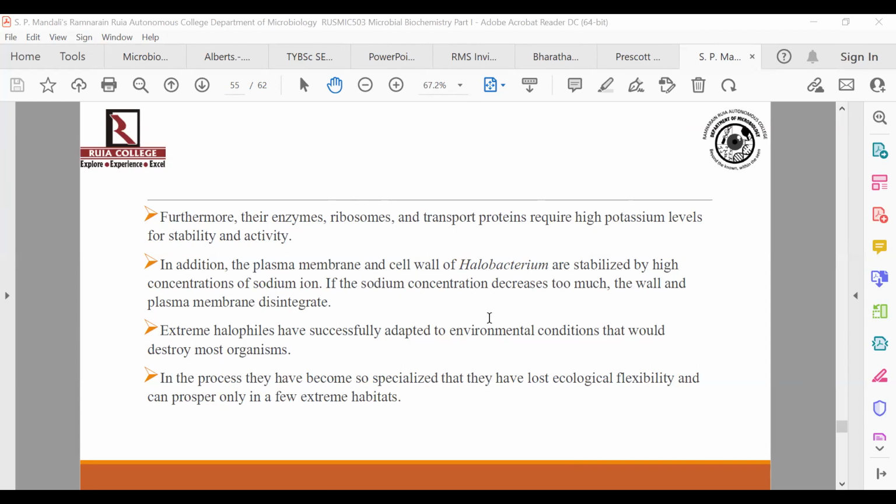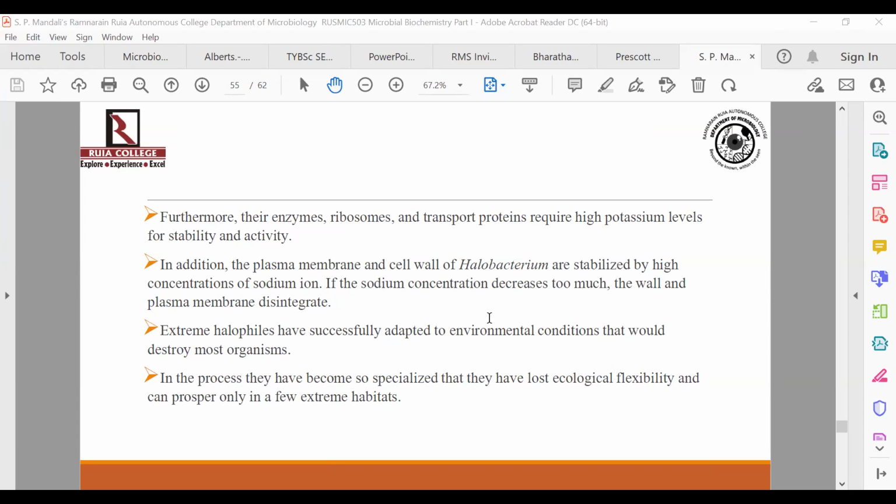Extreme halophiles have successfully adapted themselves to environmental conditions which are so extreme that any other microorganism would have perished. If you pick up normal lab strains like E. coli and Bacillus and try to grow them in such saturated salt environments, it doesn't take even a few minutes for them to be destroyed. So you have to understand that these organisms have been blessed with adaptations which help them maintain their osmotic balance and survive in those conditions.